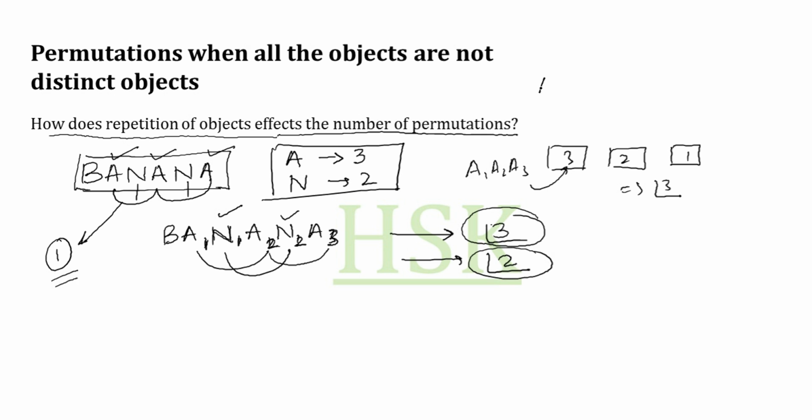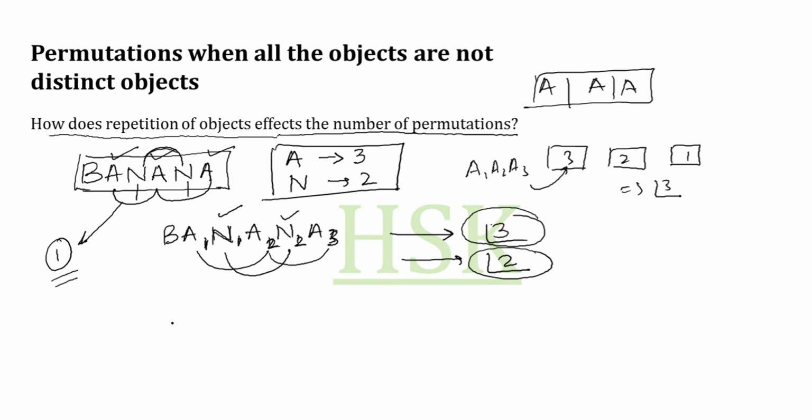If we have 3 A's placed in 3 places and we change their places, this is not a different arrangement. Similarly for the N's, changing them does not represent a different arrangement. If they are distinct, the A's give rise to 3 factorial arrangements and the N's give 2 factorial arrangements.